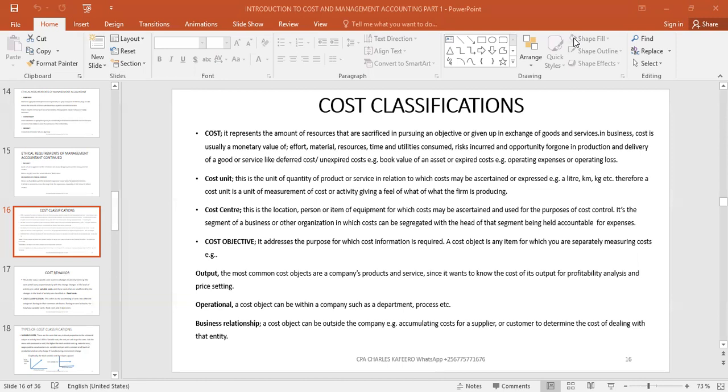So when computing the total cost incurred in production, we take into account the things we can really see, the physical items, and that is the actual cost, and the notional cost, or the other risks we've incurred in production of certain goods and services.